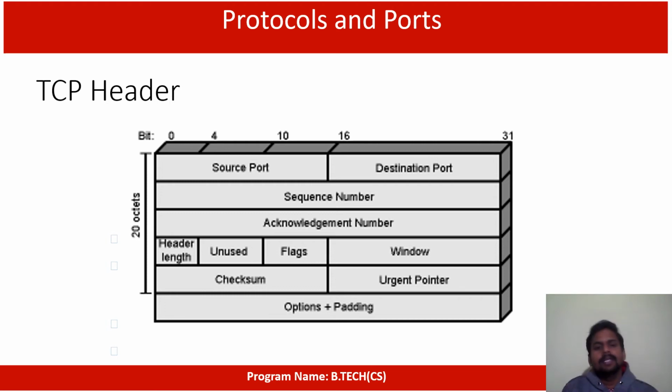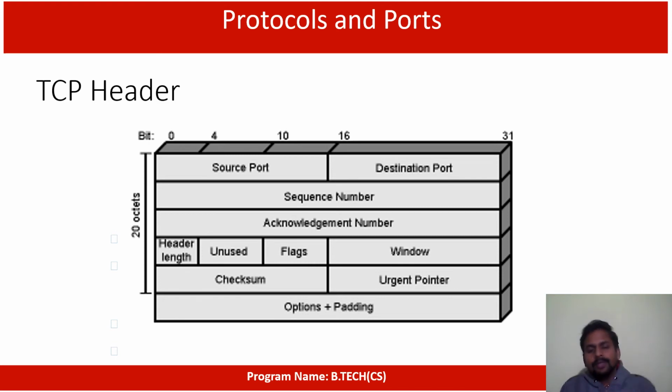After that they are using the header length and then the unused flag. Here the unused field is always zero because these fields are not used in other functions. That's why they are giving zero. The checksum I already told you, it is used for error correction. And then the urgent pointer: suppose I am passing some data and I just want to deliver that packet in fast mode.